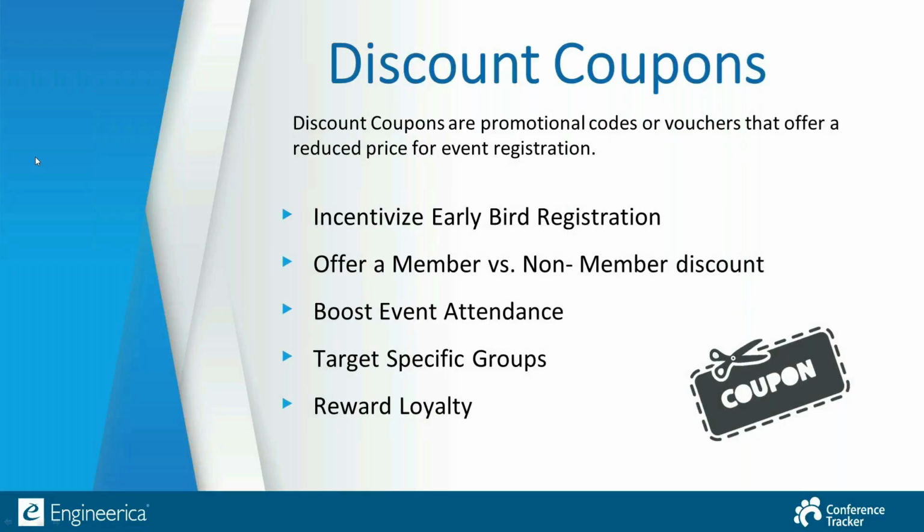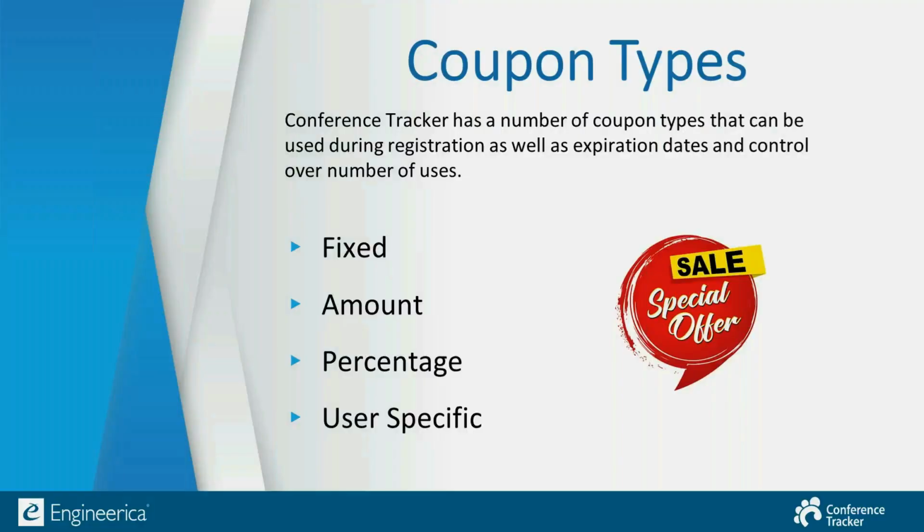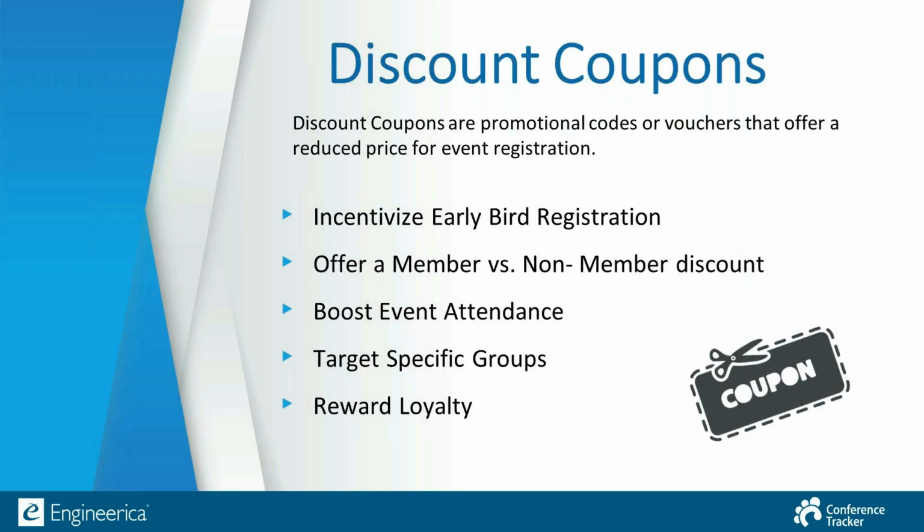All right, so we're going to jump right into it. Discount coupons. I think everyone knows what discount coupons are, but they're really promotional codes or vouchers that let you offer a reduced price for your event registration. Within Conference Tracker, you're going to be able to create various discount coupons, whether it's to incentivize early bird registration, offer a member versus non-member rate or discount, or boost event attendance.